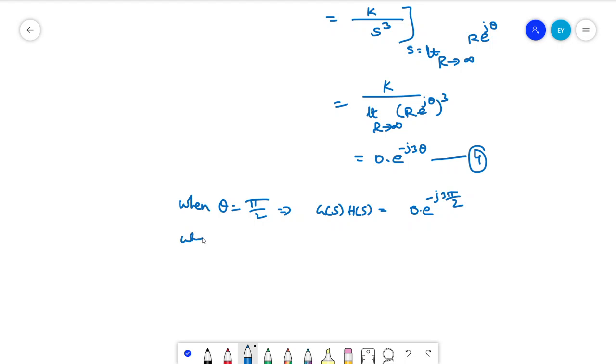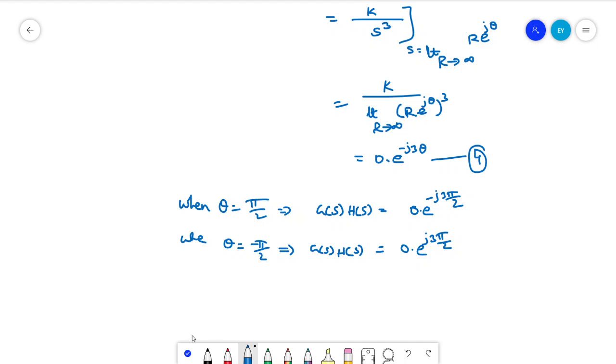So when theta is equal to minus pi by 2, g of s into h of s will be 0 into e power minus into minus plus, so j 3 pi by 2.